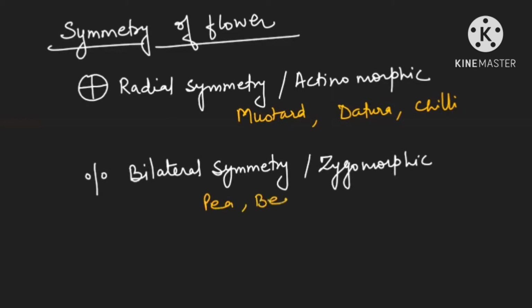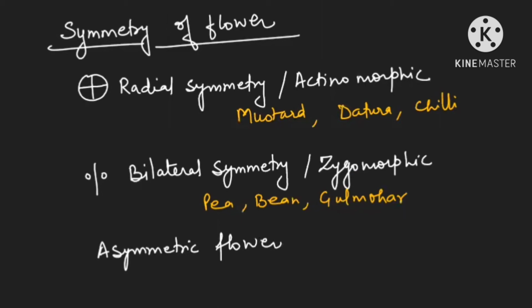These are a few examples. Now, sometimes the flower cannot be cut into two equal halves. Such flowers are known as asymmetric. An asymmetric flower cannot be cut into two equal halves in any plane. An example is canna. So symmetry of the flower, I hope this topic is also clear to you.